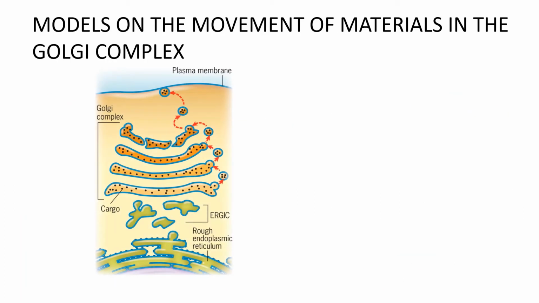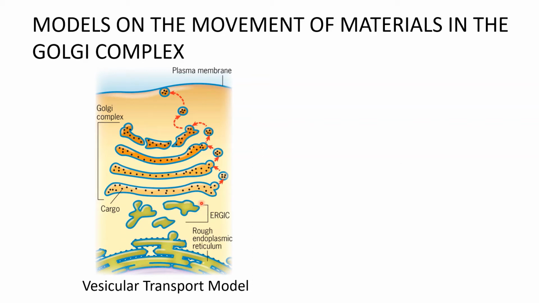And then there are also some models on how materials move through the Golgi complex. So the first model is called the vesicular transport model, meaning to say that as materials from the cis need to move to the medial and then to the trans, they do so because they are placed inside vesicles, as we see here, and the vesicles are the ones that move from the cis to the trans portion of the Golgi complex.